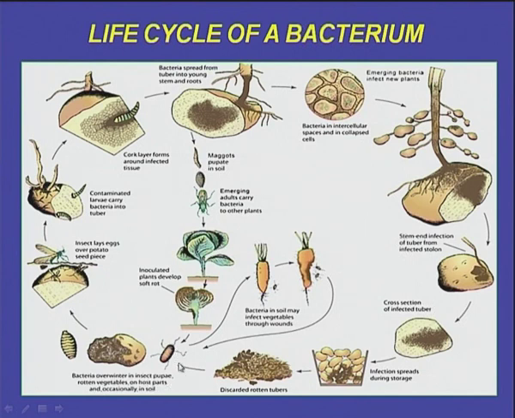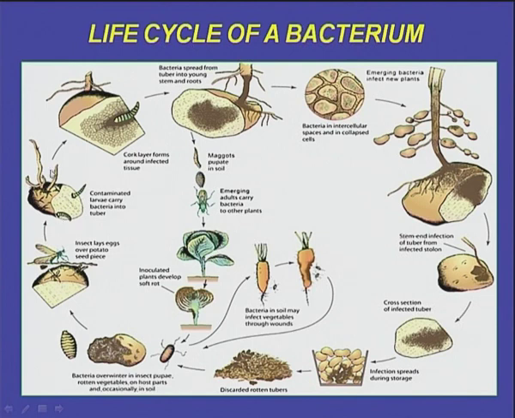Then this is the bacterial pathogen, and the bacteria overwinter in insect pupae, rotten vegetables on host plants, and occasionally in soil also. So, again insects lay eggs over potato seed pieces, and the bacteria are inside those eggs. Contaminated larvae carry the bacteria into the tuber.